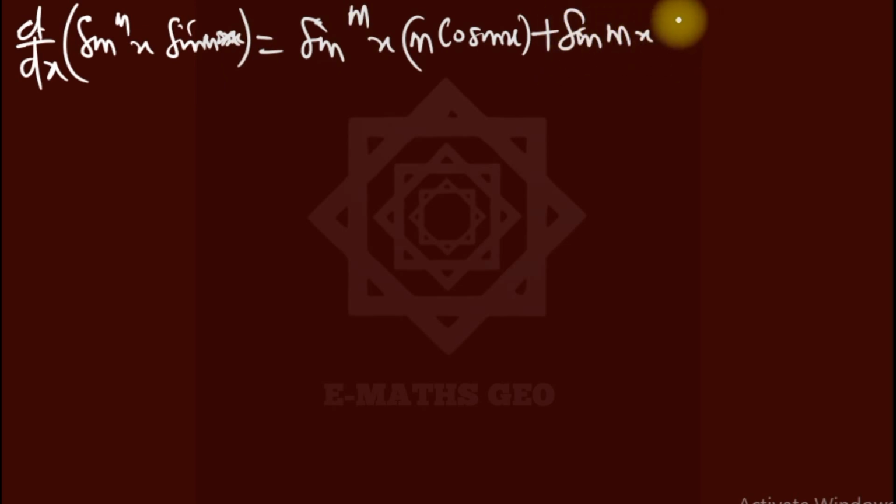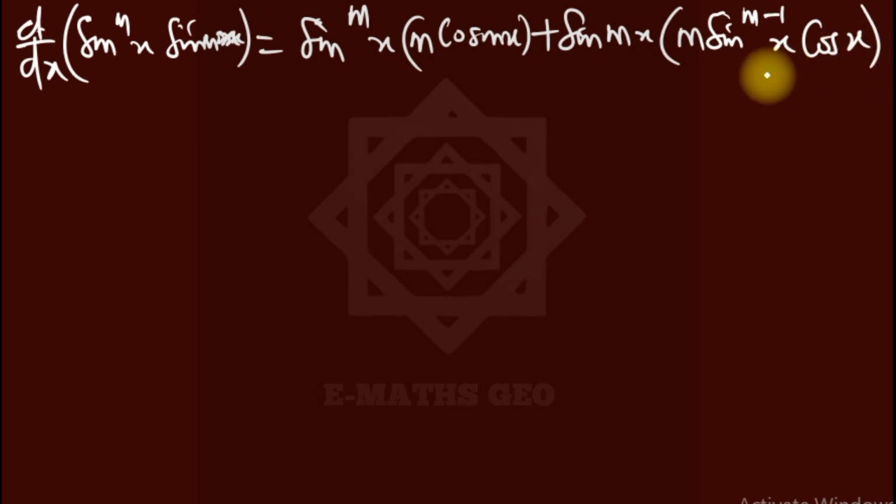times the derivative of sine x raised to power m, which is m sine x raised to power m minus 1 times cos x. So that's our product rule.